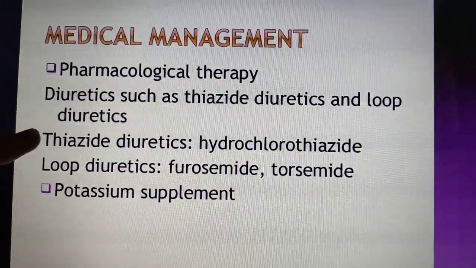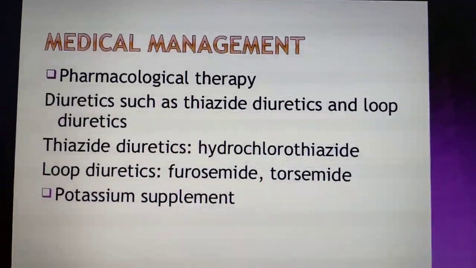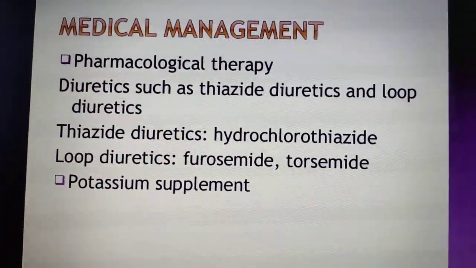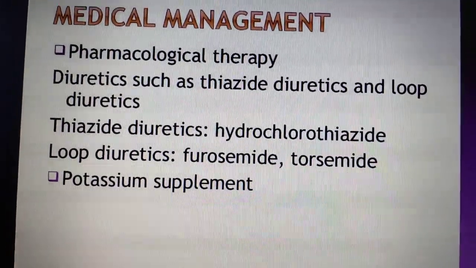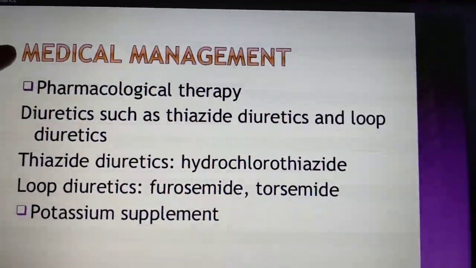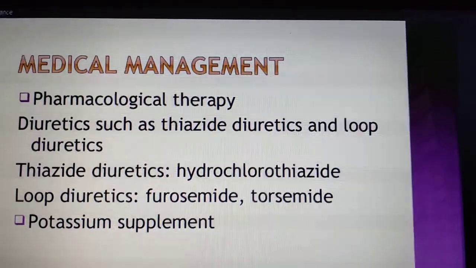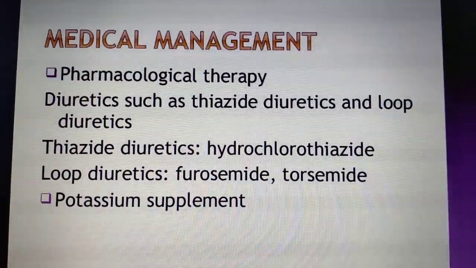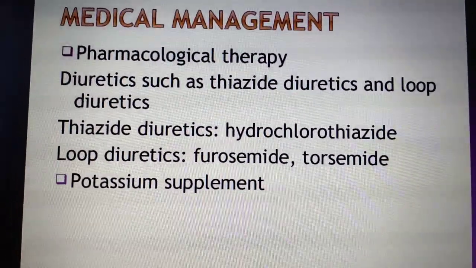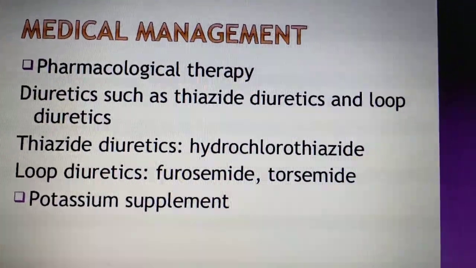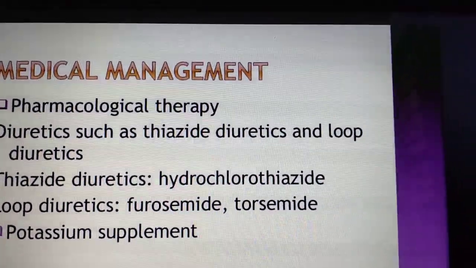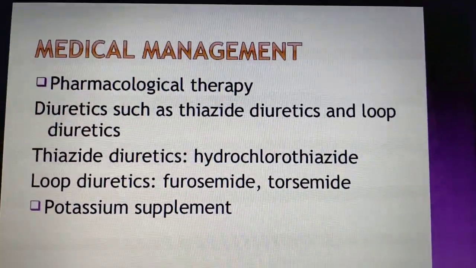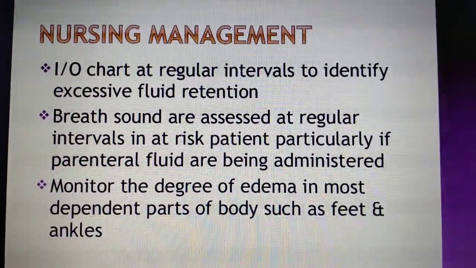The thiazide diuretic example is hydrochlorothiazide, then loop diuretics, and potassium supplement. Just keep in mind what the management is: you say the type of diuretics we are using for the treatment of hypervolemia. You say two things importantly: one is use of diuretics, one is potassium supplement. That's enough.